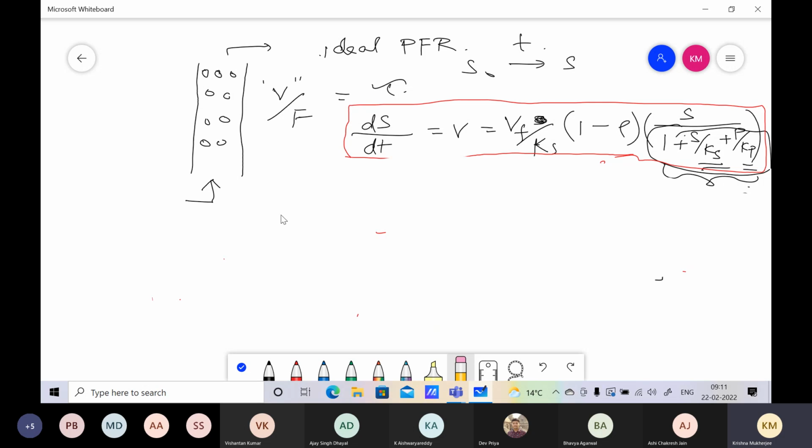Finally, the PFR is nothing but a batch reactor in time, isn't it? This zone here is t equal to 0, and this zone here is some t equal to T, where, if you know the volume and the flow rate F, this is the volume covered.